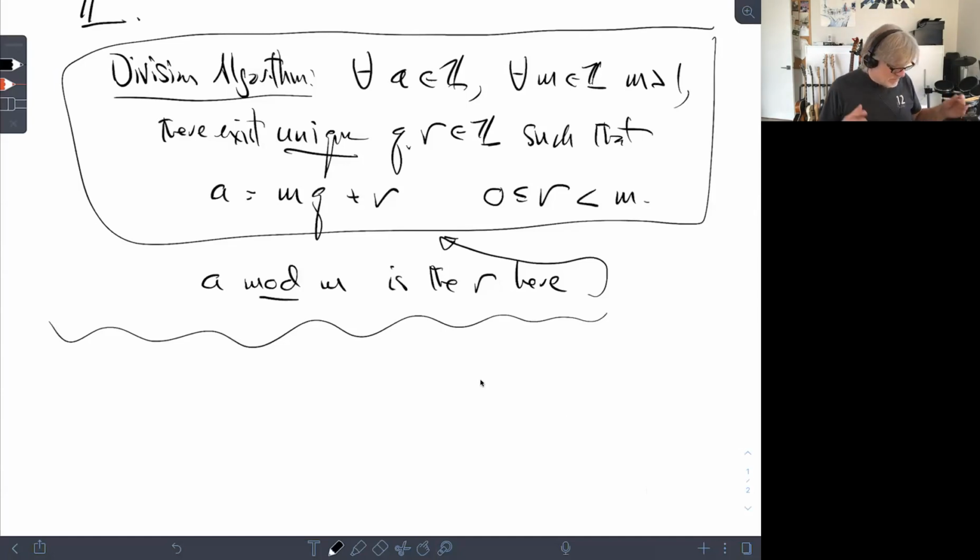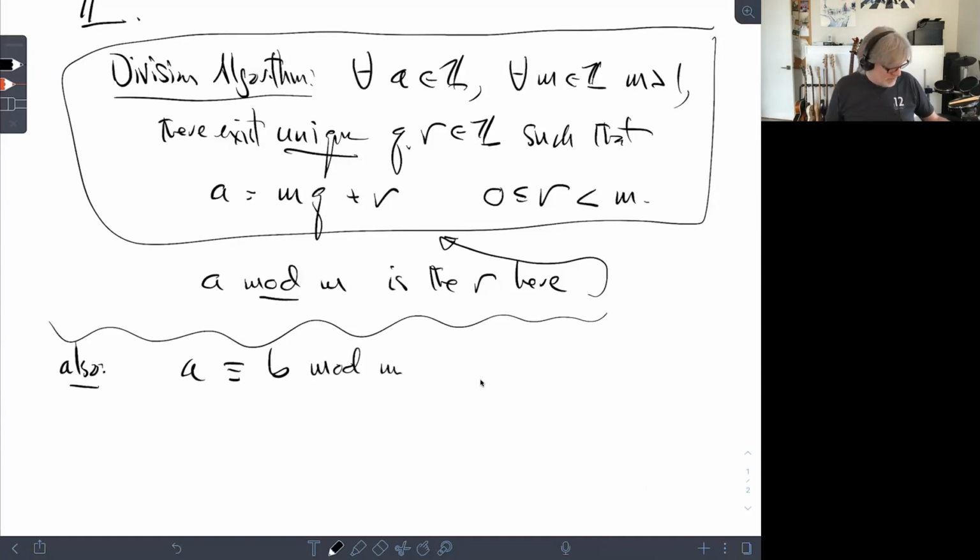Okay, so the other thing that we defined is the relation which says that two numbers are related or equivalent modulo m. So this is the notation. I say that a is congruent to b mod m. This is a relationship between a and b.